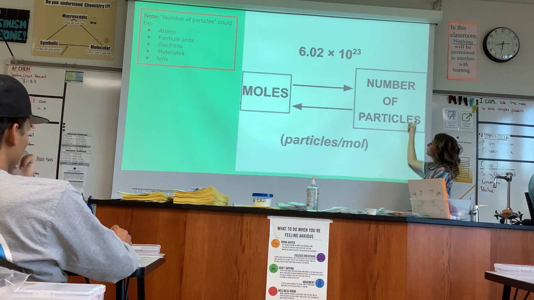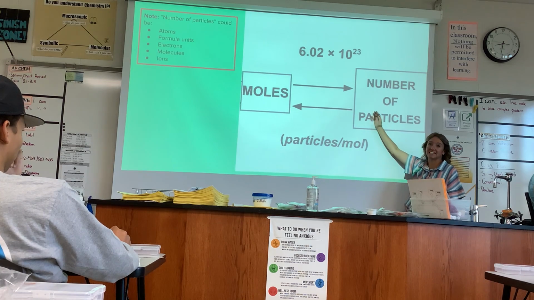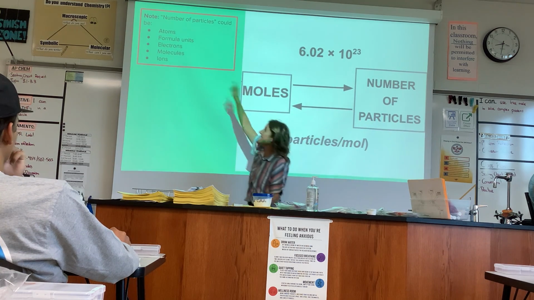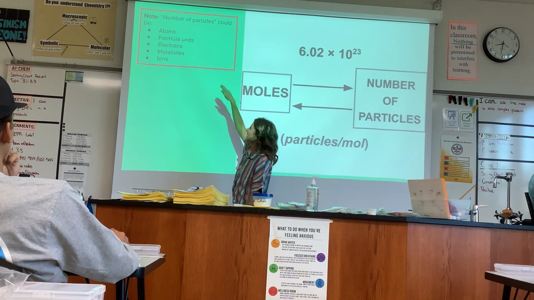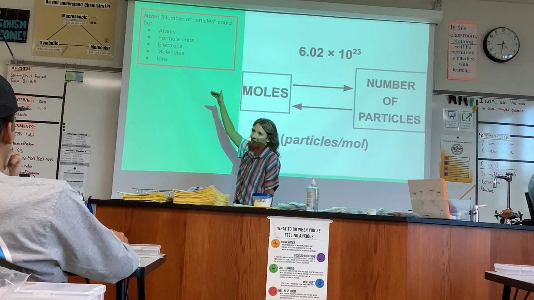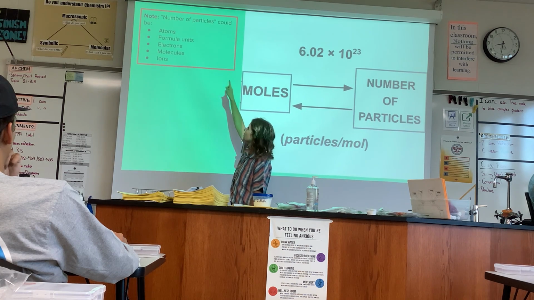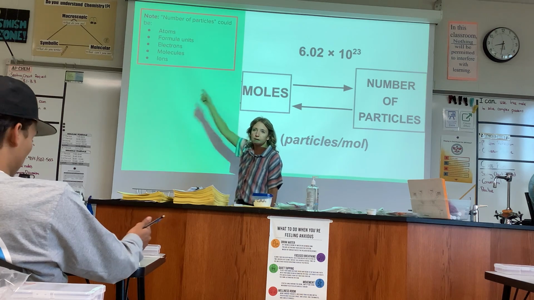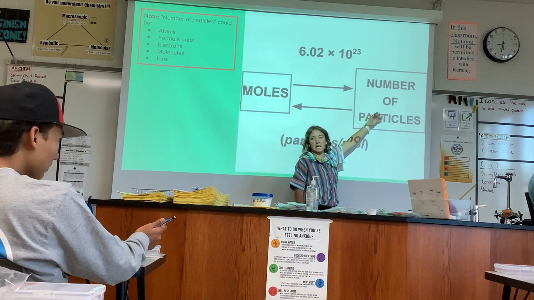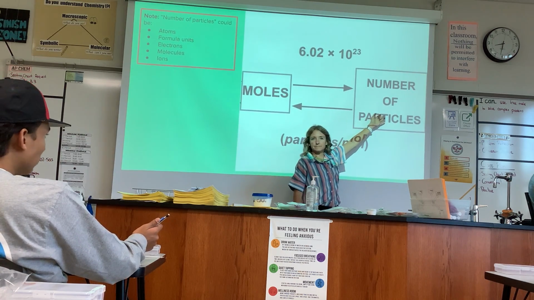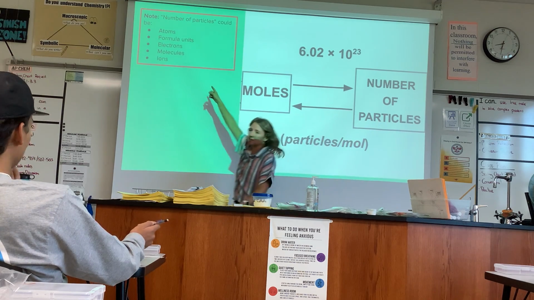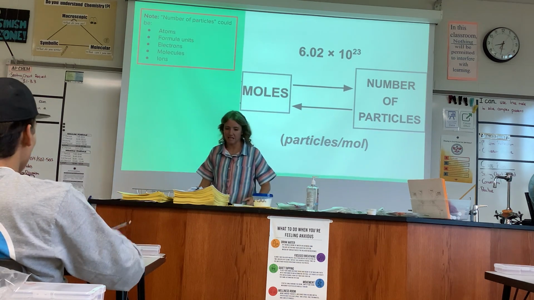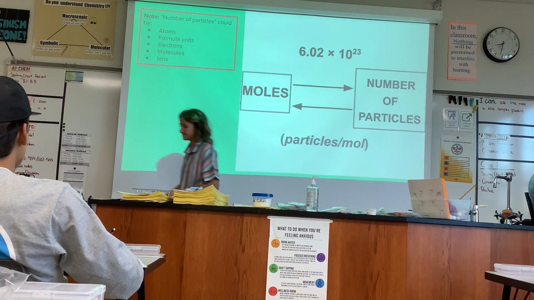Okay, now this word particles can mean a lot of different things in chemistry. It could mean atoms, it can mean formula units, it can mean electrons, it can mean molecules, it can mean ions. So if you see any of those words in the problem, it just means a type of particle. Okay, so there's a few blanks to fill those in, so fill those in real quick so that if you see them, you know, oh, this just means particle.